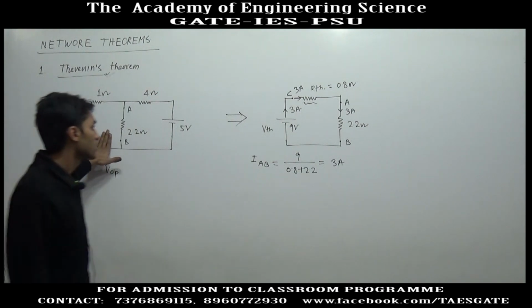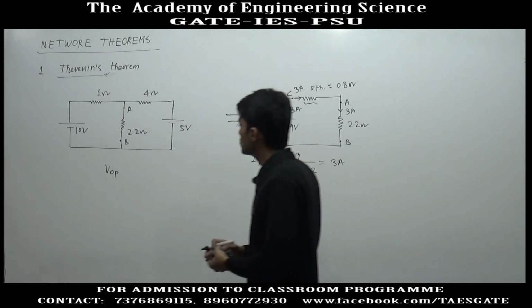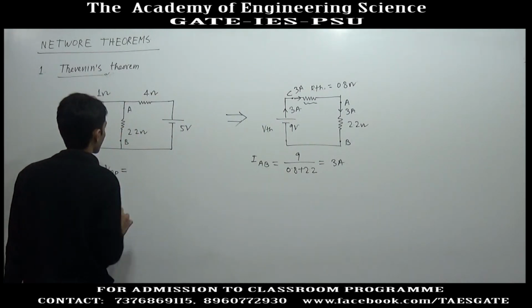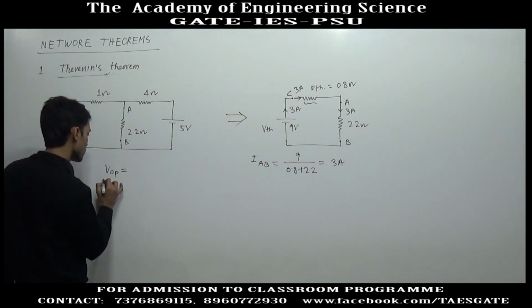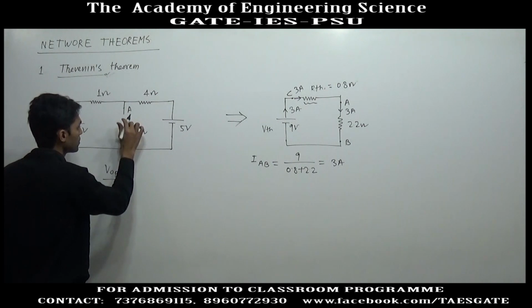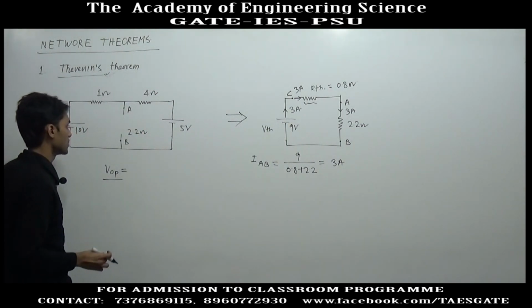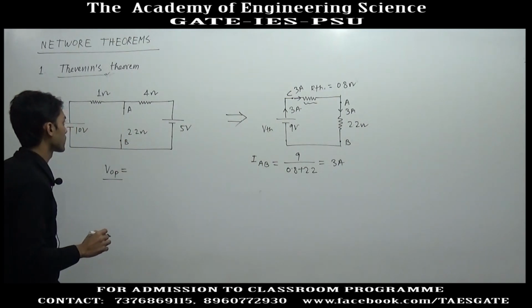Now what happens? Transform this circuit into the Thevenin equivalent circuit to find the open circuit voltage. The open circuit voltage is, if you remove this 2.2 ohm resistance, then the voltage across these two terminals is the open circuit voltage.